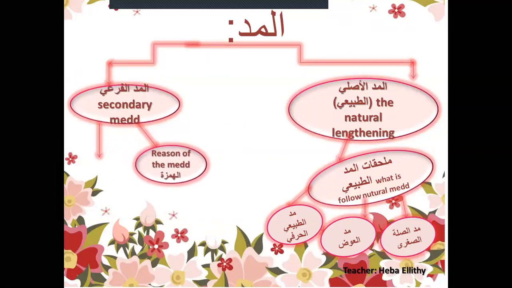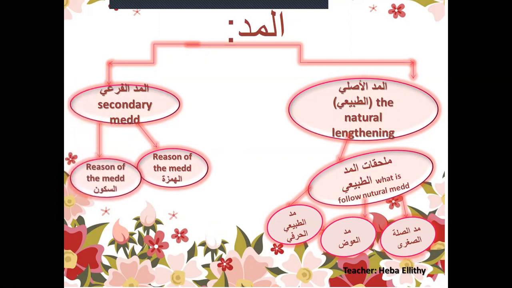For المد الفرعي, there are 2 reasons for it. The first reason is the hamza. The second reason is السكون. Under الهمزة we have a few categories, and under السكون we have a few other categories. We'll go through every single mad here in front of you on this page, and even the parts I didn't put because of space, in our next classes inshallah.